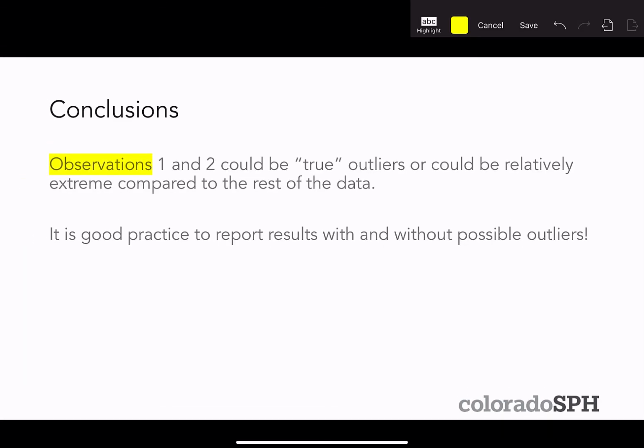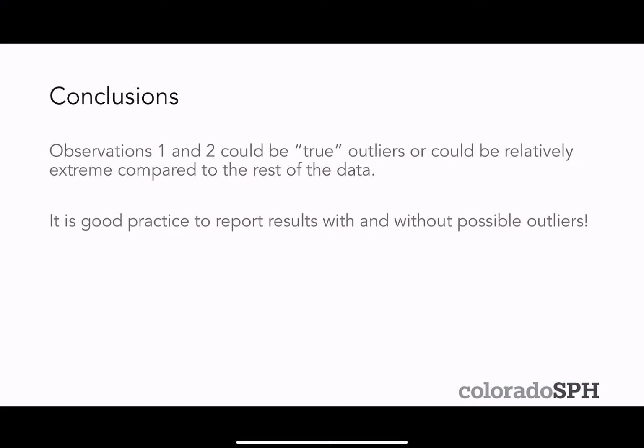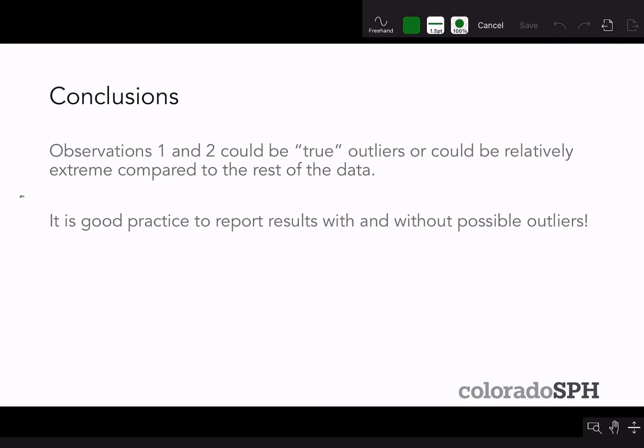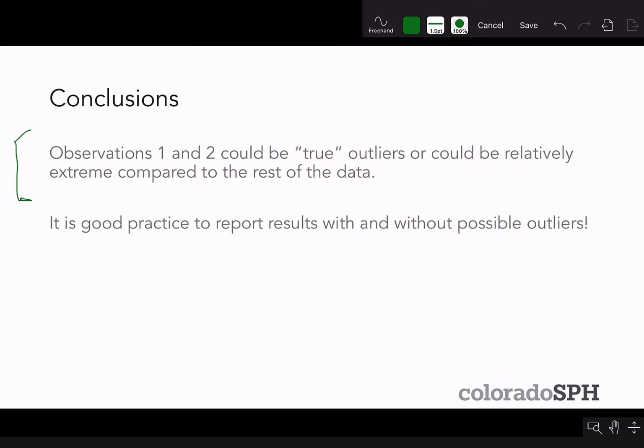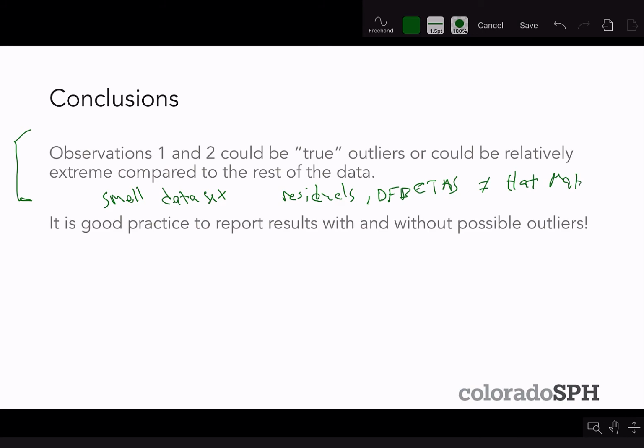So what do we actually do with this information in practice? Observations 1 and 2 could be true outliers because they do seem to be more extreme relative to the rest of the data. But on the other hand, this is a small data set, and the DFBETAs and residuals agree with each other, but they don't agree with the hat matrix diagonal.